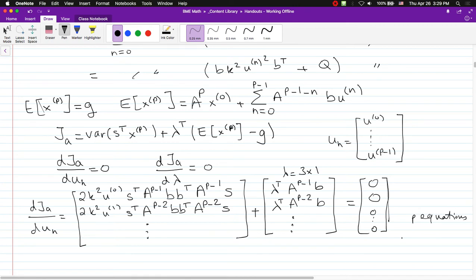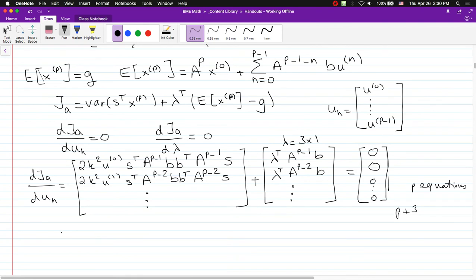But how many unknowns do you have? P plus 3 unknowns. So you also don't have the lambdas. So you have to now find the derivative of J_A with respect to lambda. And of course, the derivative of this function with respect to lambda is just this. So that's the expected value of x of p minus g is equal to 0. That gives you 3 equations.